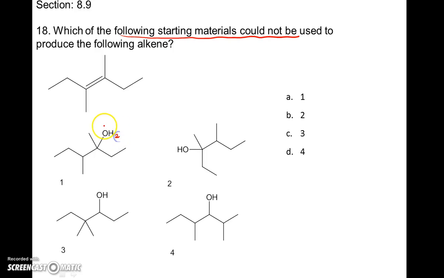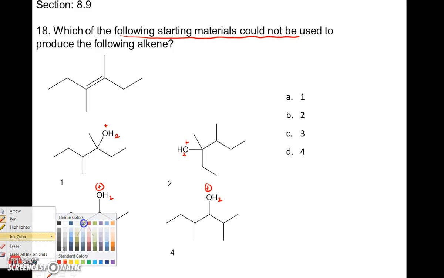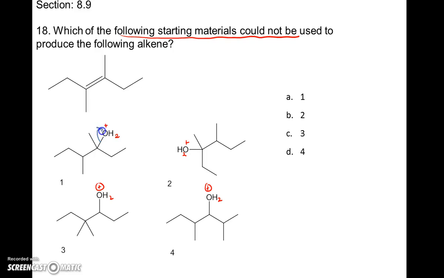So if you make this cation like that, make this cation like that, cation like that, you can have the loss of like this, like that. Have a positive charge there.